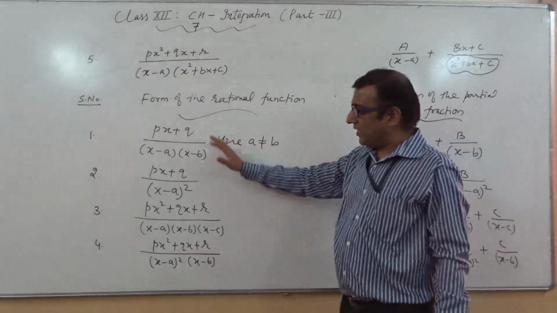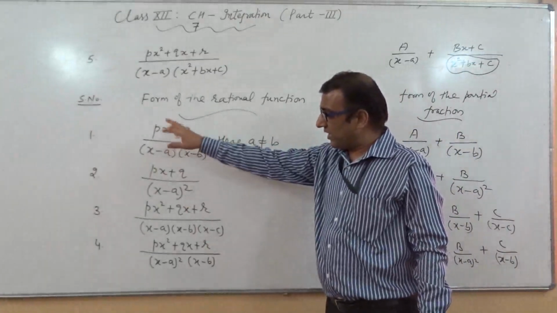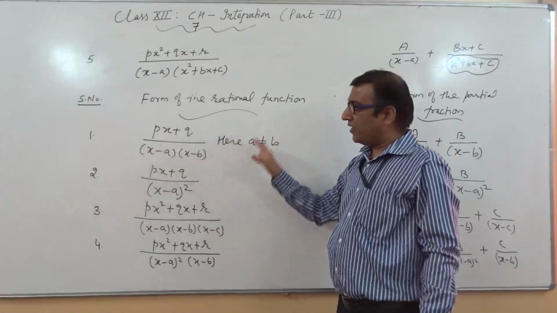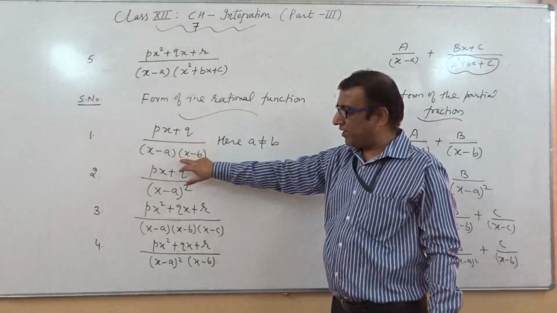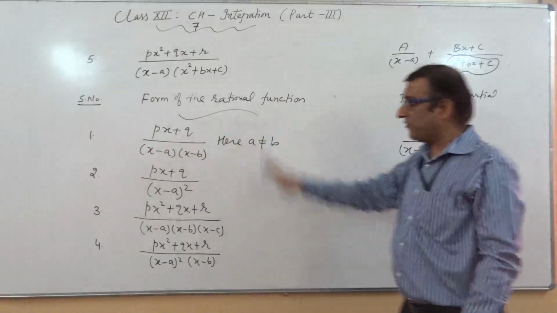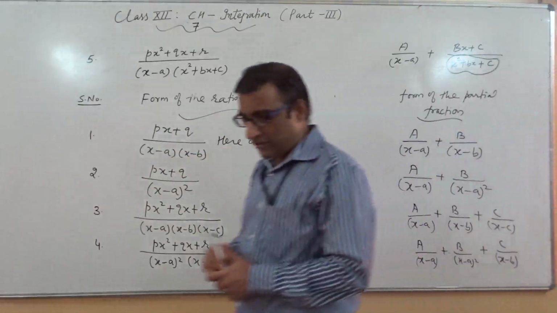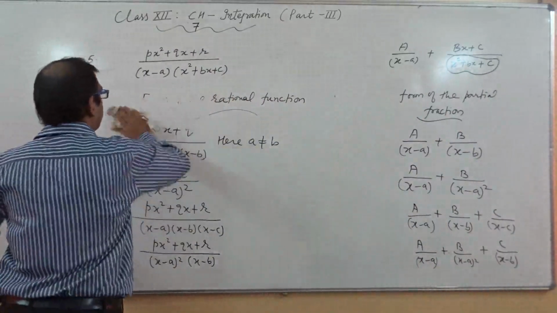As you see here, in all these formats, the degree of the numerator is less than the degree of the denominator. So whenever the degree of the numerator part is less than the degree of the denominator part, we will continue with these 5 points. Now I am continuing with some questions related with partial fractions and the long division process.